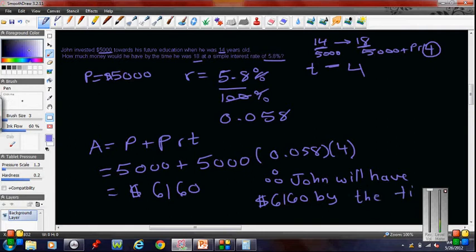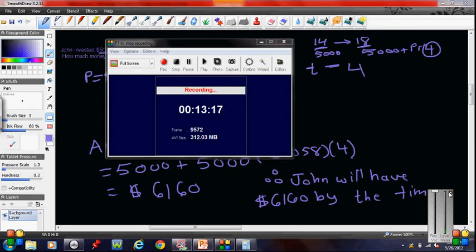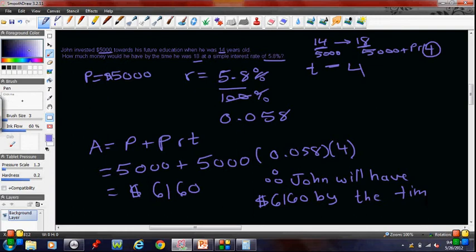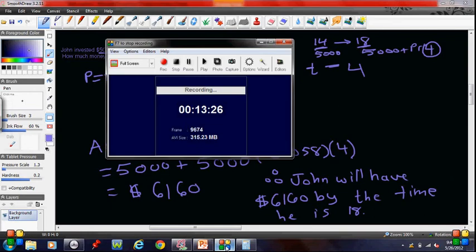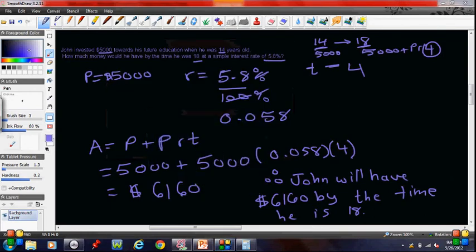That means that his 18th year doesn't count. So by the time he is 18. Simple enough. Okay, so not too hard.